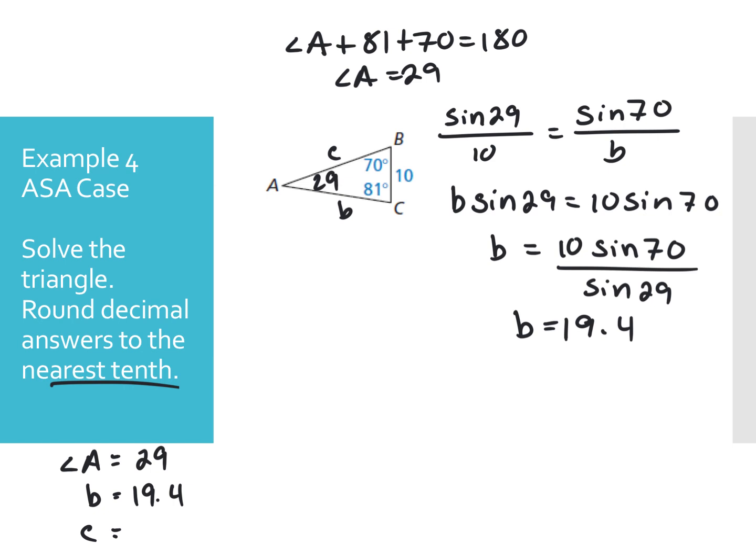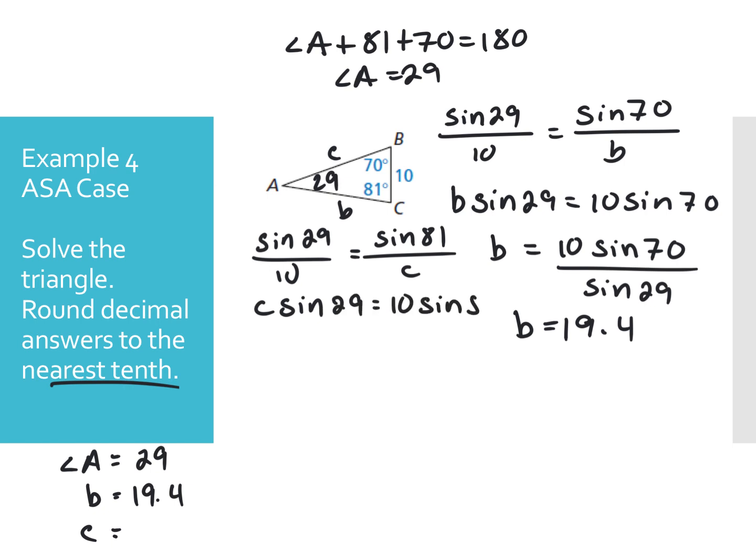Now we're going to go ahead and solve for side C. So I'm going to set it up again as sine 29 over 10 equals sine 81 over C. So I'm going to go ahead and cross multiply. C sine 29 equals 10 sine 81.